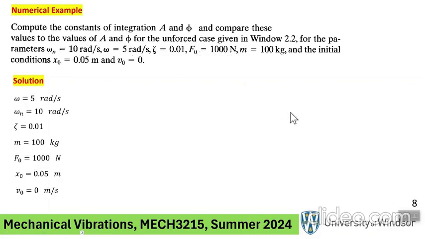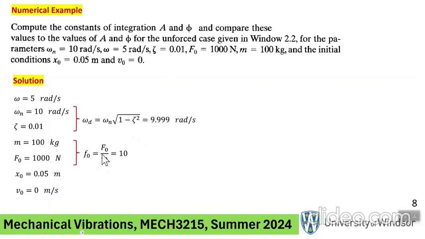So we just write down what we know. This is the stuff that we know. All right? Eventually we're going to find big A and phi, right? So first of all, the damped frequency is needed. It's going to be this, omega n root of 1 minus zeta squared. We need little f naught, which is big F naught over m.